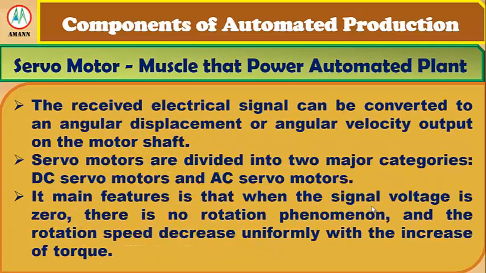The received electrical signal can be converted to an angular displacement or angular velocity output on the motor shaft. Servo motors are divided into two major categories: DC servo motors and AC servo motors. Its main features is that when the signal voltage is zero, there is no rotation phenomenon and the rotation speed decreases uniformly with the increase of torque.